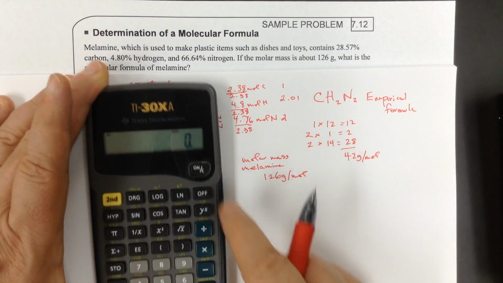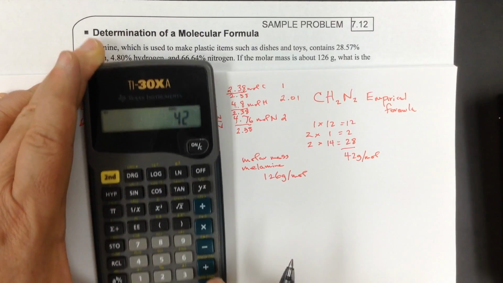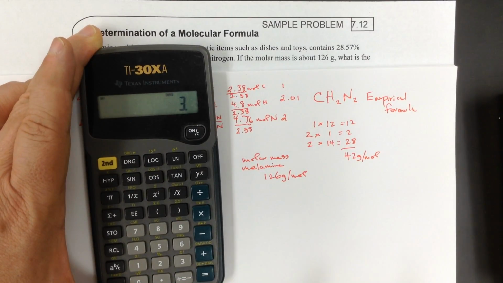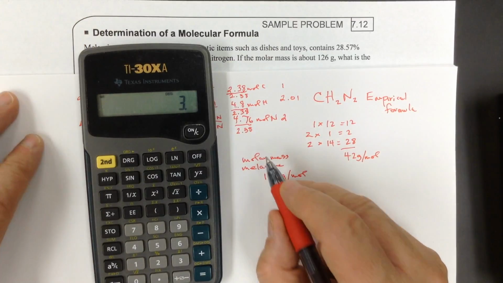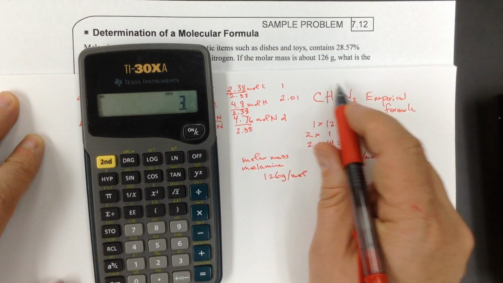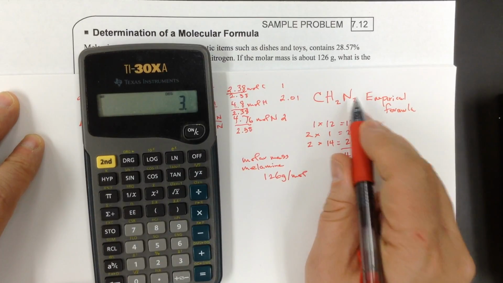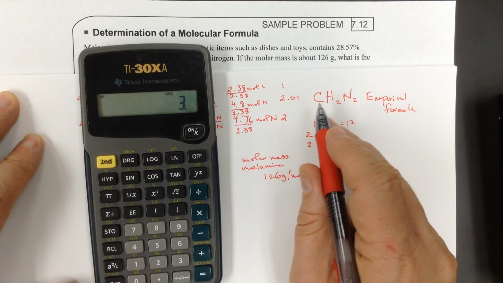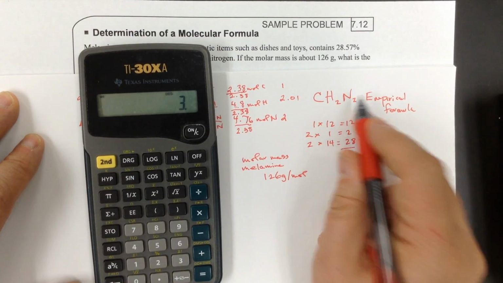I start with 126 divided by 42, and I want a whole number if I can get it. And I do. So melamine is 3 times this for each of the elements. It's a multiple of this: 3 times 1, 3 times 2, 3 times 2.